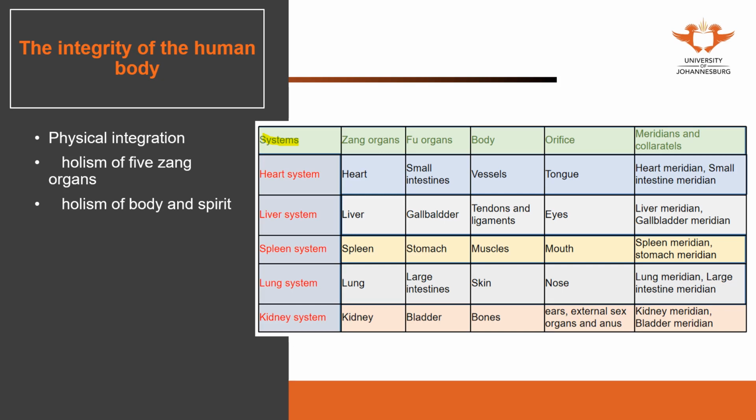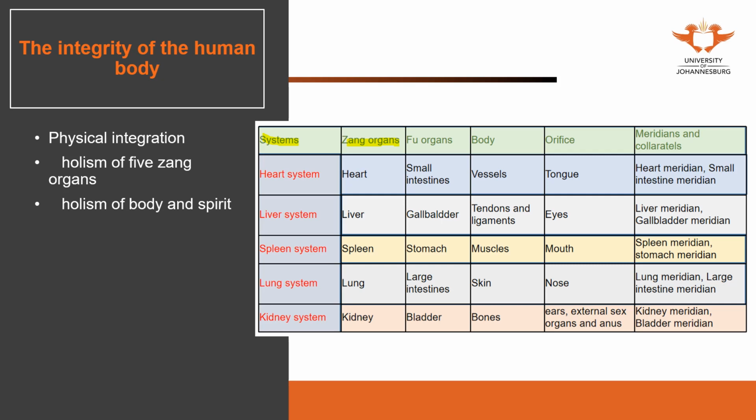As you can see from the table, Zhang organs means the heart, the liver, the spleen, the lung, and kidney. So the holism of the 5 Zhang organs indicates that in physiology, these 5 organs, they work together. They help each other, they also control each other.